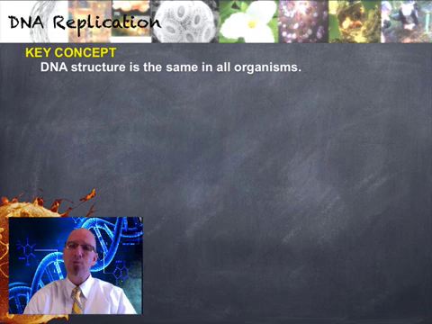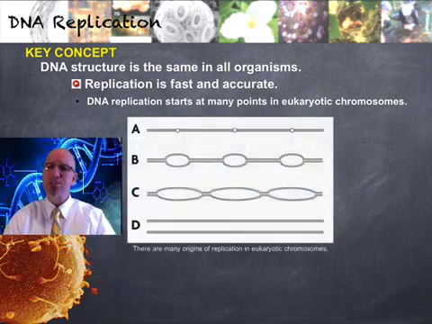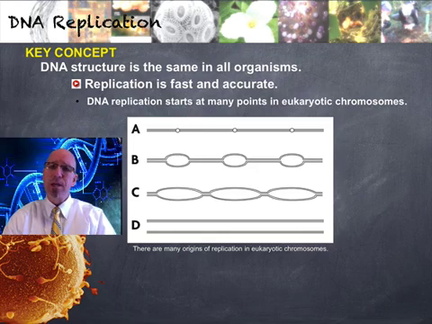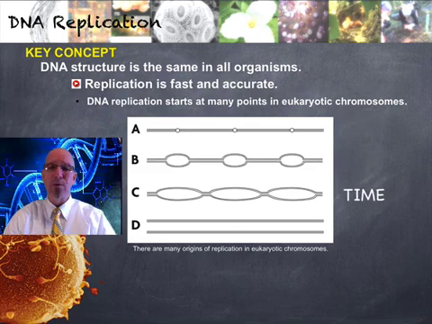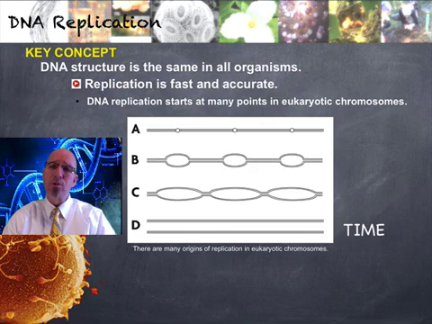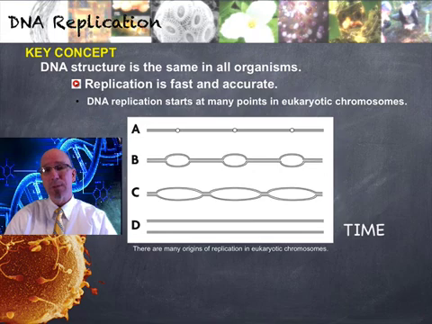Now, the DNA is really long, right? In every cell, we get like 6 feet of DNA. And so in eukaryotic cells, cells like ours that have a nucleus, in eukaryotic DNA replication, we have a bunch of different places that DNA will get copied all at the same time. So if we start here and we go down, as you go down from A to D, those origins of replication, those little bubbles, are where DNA is getting copied.